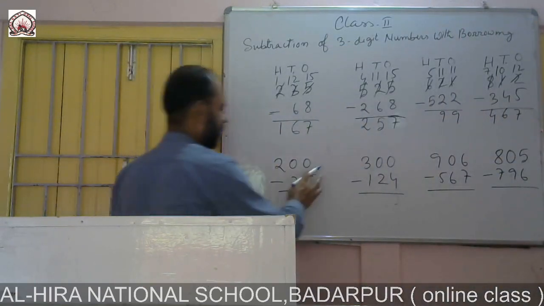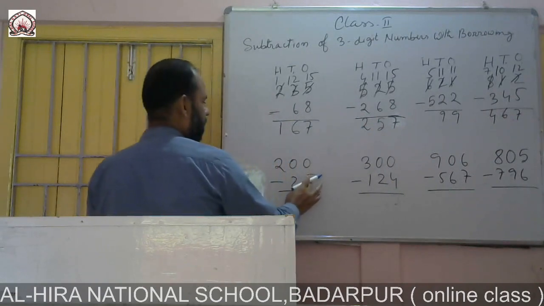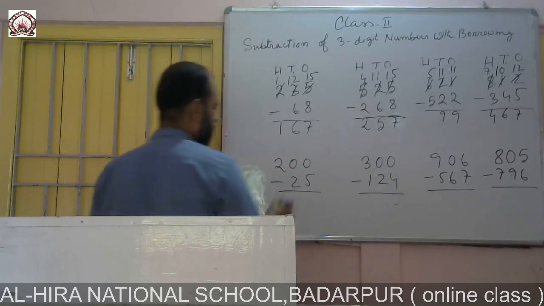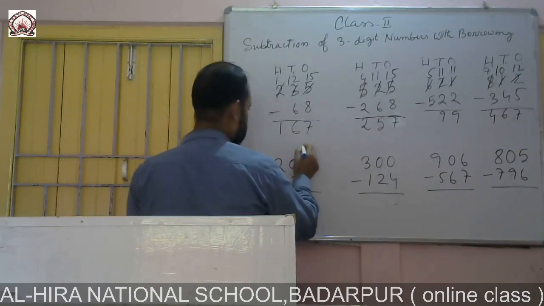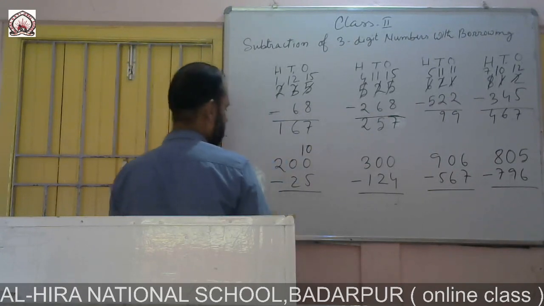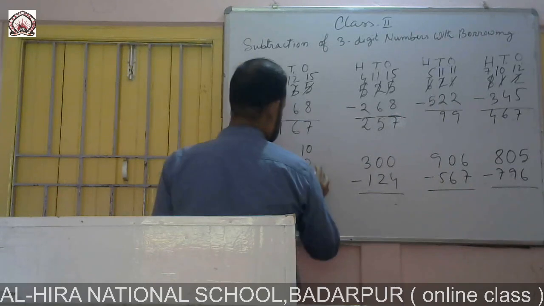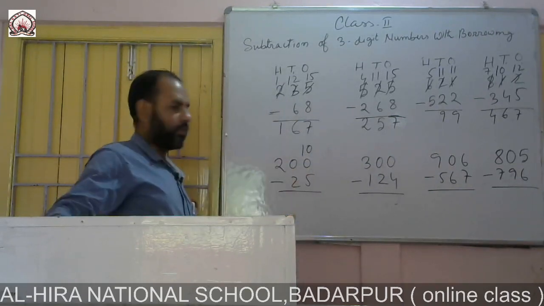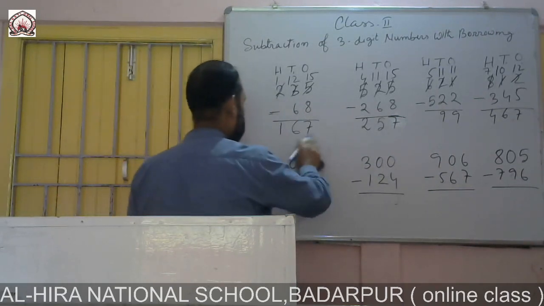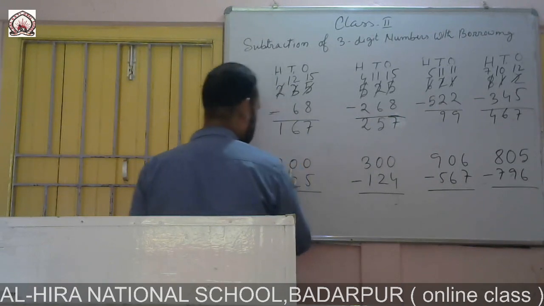So here 0 minus 5 we can't, then borrow 1, then there is 10. We borrow first, there is nothing, so we borrow from this 2.